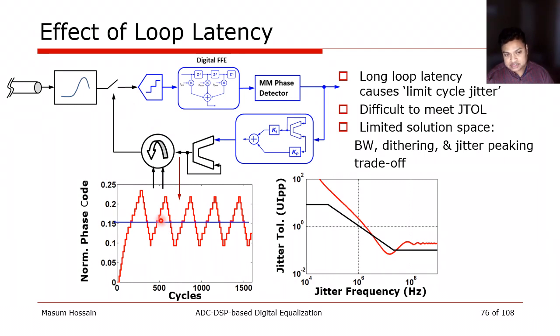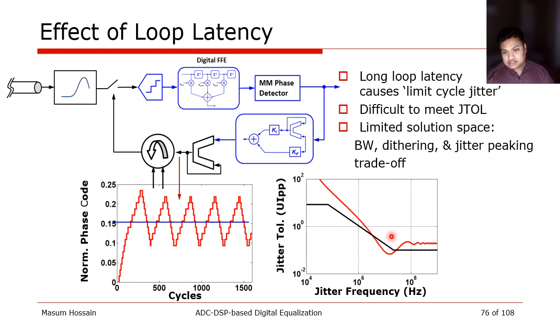So the loop keeps on deviating, and by the time the early information reaches, it is quite far away from the target phase. And then the loop realizes it's early and then it slows down. And similarly, the late information also takes a while to understand that it is overshooting. Therefore, this limit cycle behavior happens with such large loop latency.